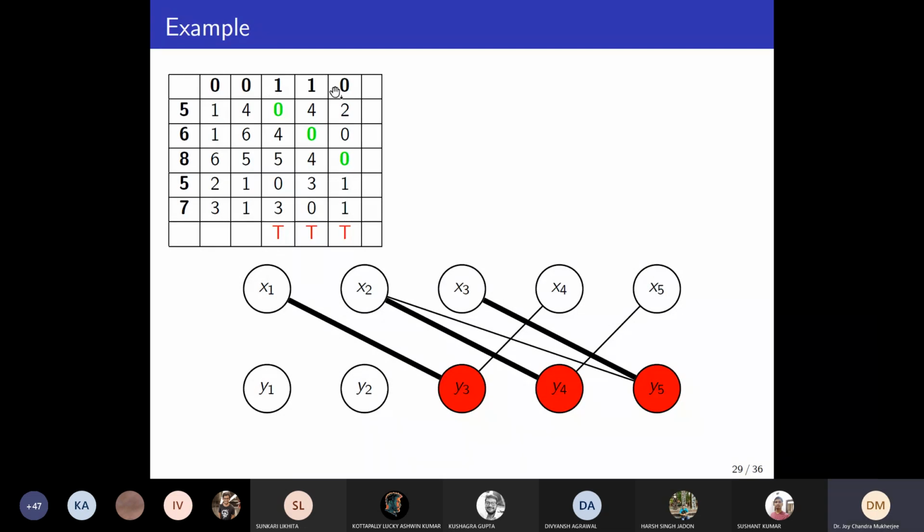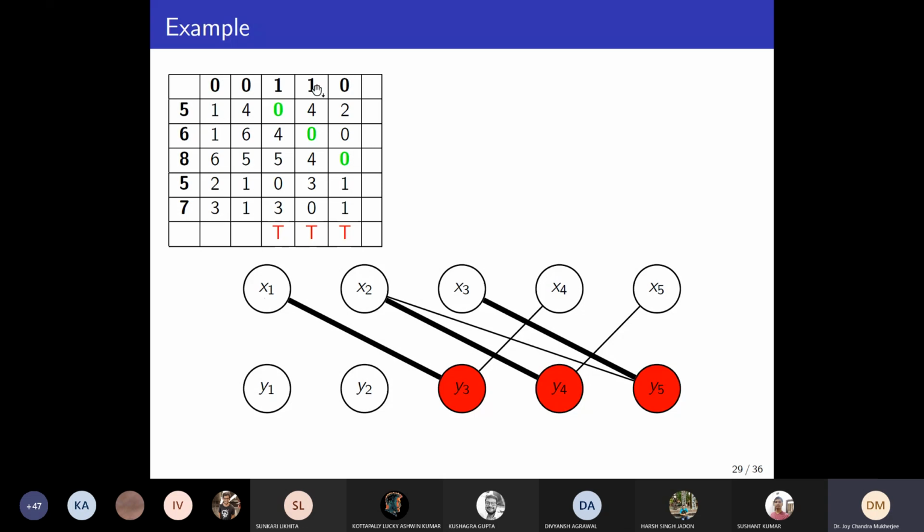What I am telling right now is how I update ui and vj in every iteration. For all x minus r, since r is a null set here, there is no vertex from the x partite selected as a vertex cover. So x minus r is basically the whole x partite. For all of them, I reduced this value by the minimum amount, that is 1.